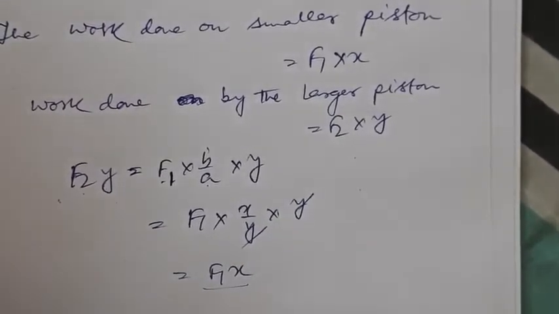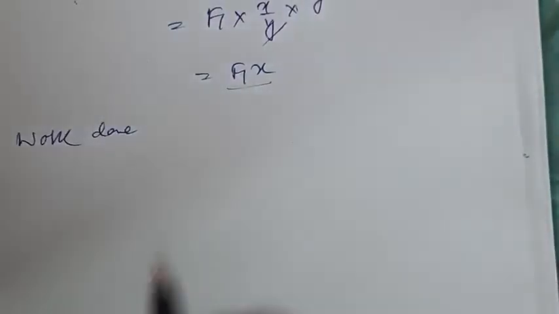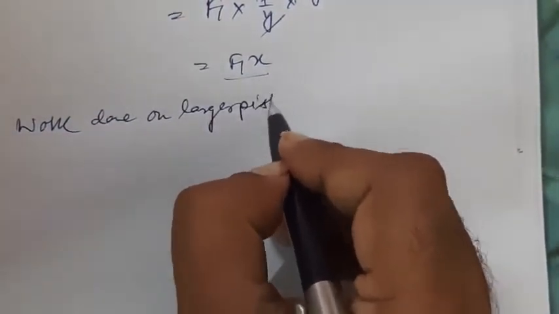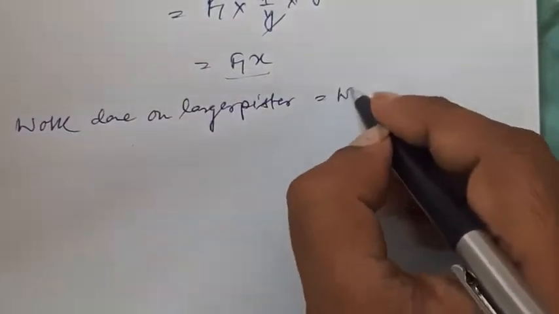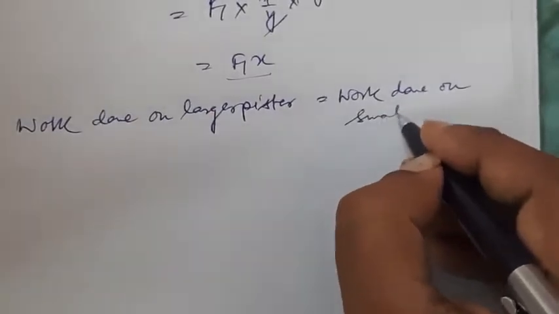That means the work done on the larger piston, that is F2Y, is equal to the work done on the smaller piston.